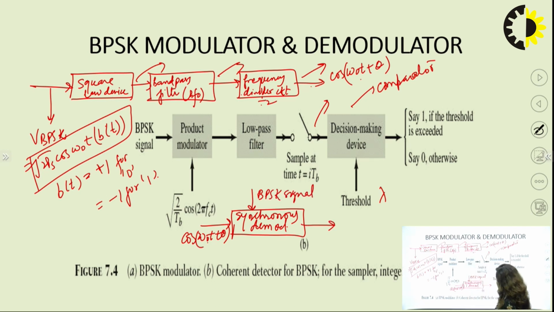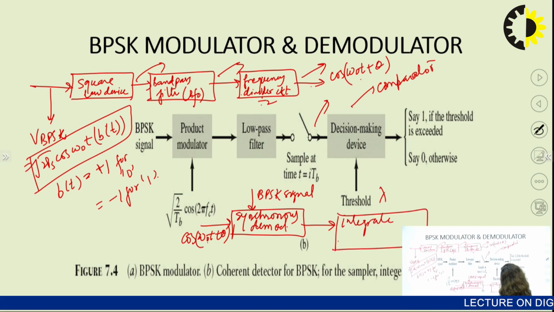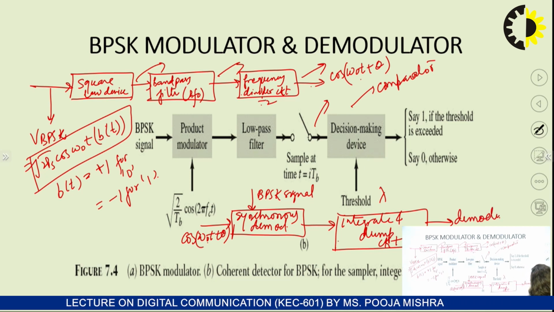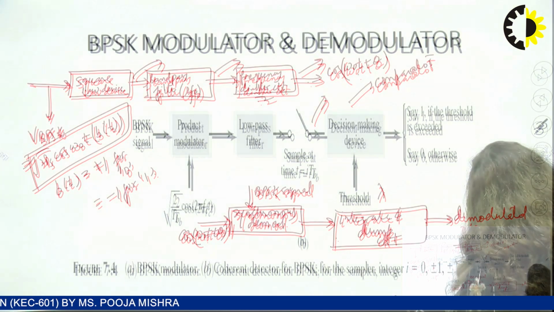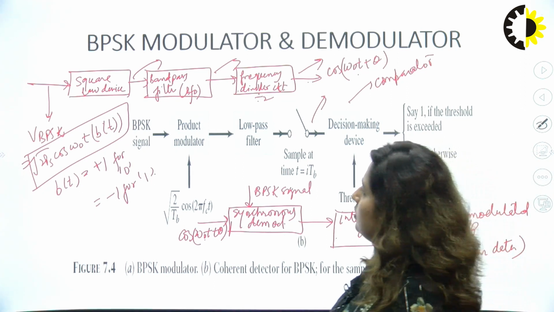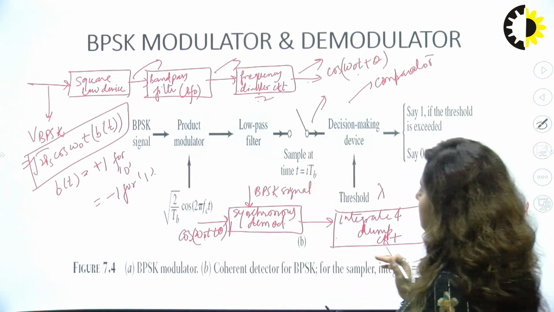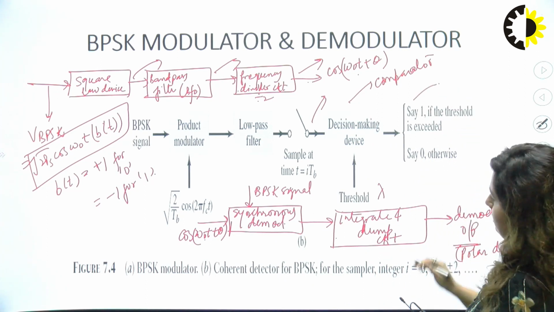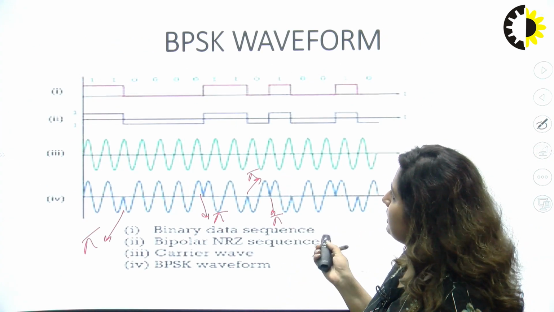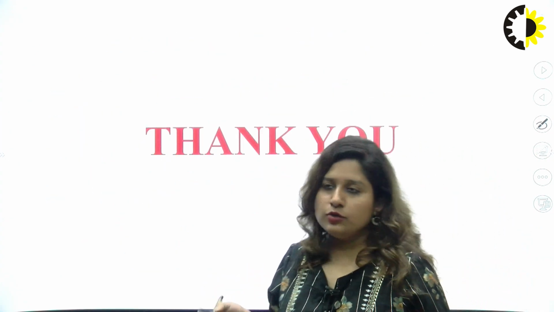Then this output is given to the integrate and dump circuit, and then we will get our demodulated output, which is your polar data. So we can use this type of block for carrier recovery and then for the synchronous demodulation process. This is the waveform which we have already discussed, and thank you so much.